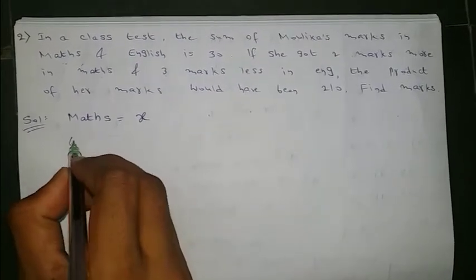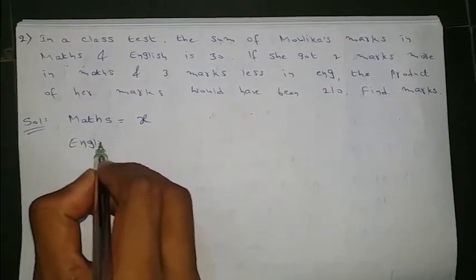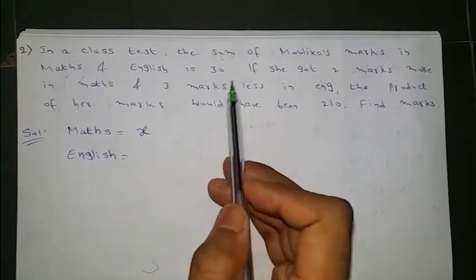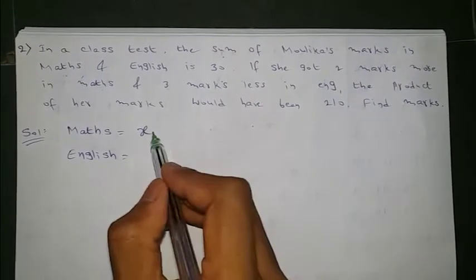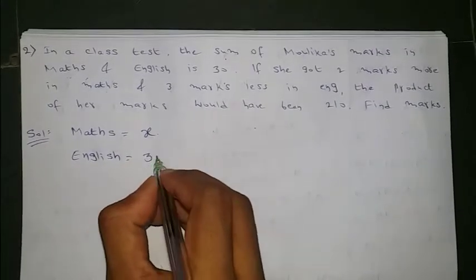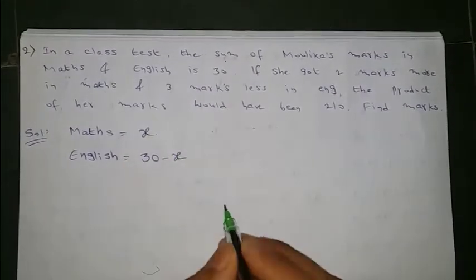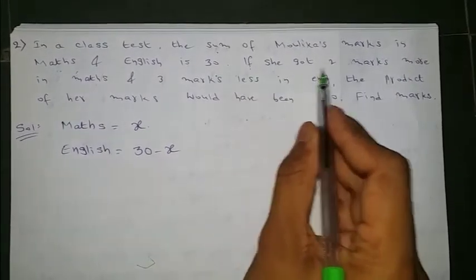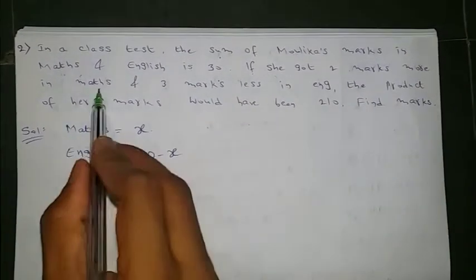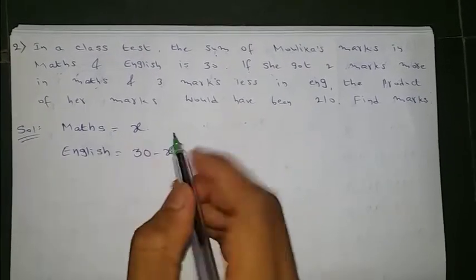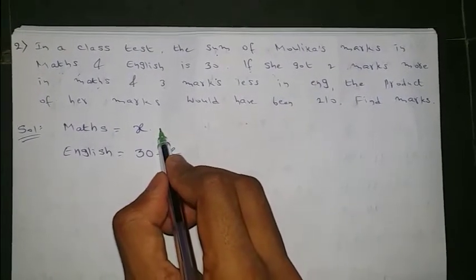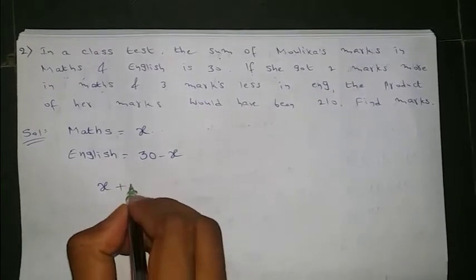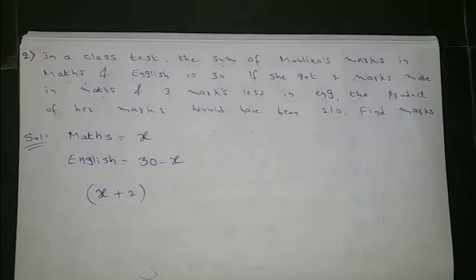Then how many marks will she get in English? It is clearly mentioned the sum of the two subjects is 30. If one subject's marks are x, then the remaining subject will be 30 minus x. Next, if she got 2 marks more in maths, first she got x marks, now 2 more, that is x plus 2.